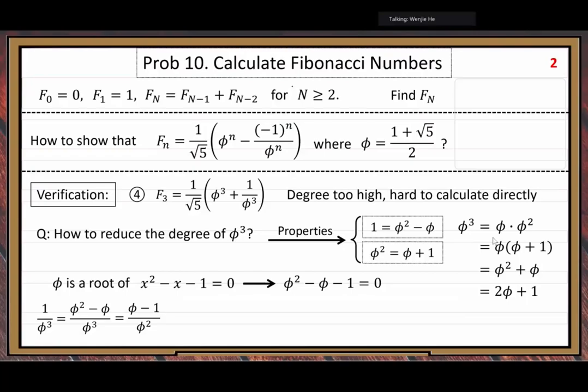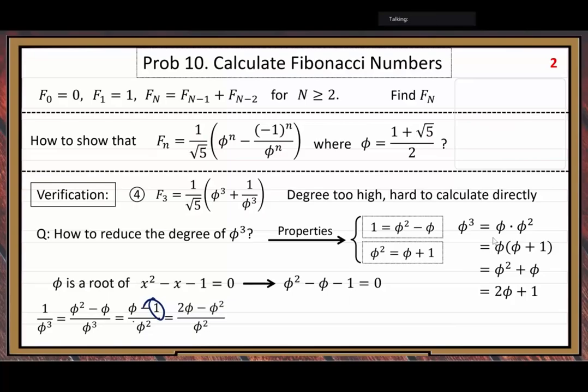So we want to make it smaller. We need to do another step. You can see there is another 1 here. When you see 1, you can apply this first property another time. Replace 1 by phi squared minus phi.